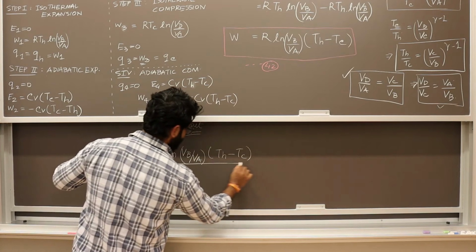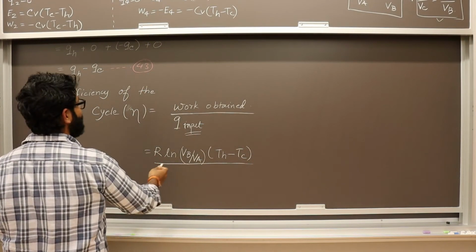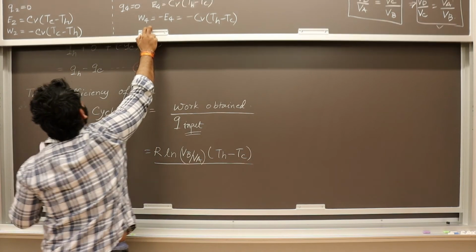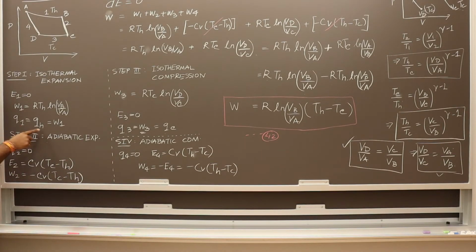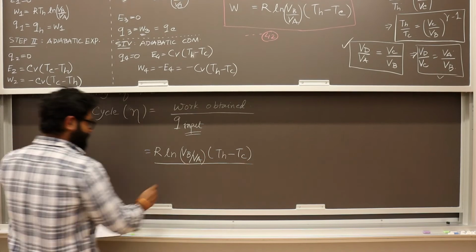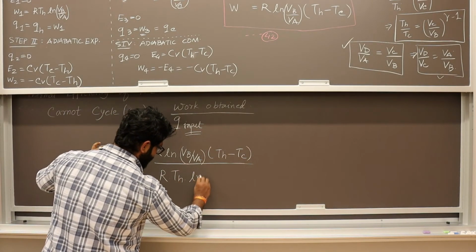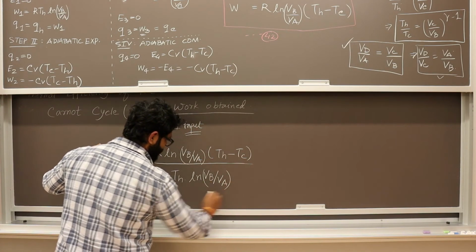Okay, and what was the amount of heat that was given in? The amount of heat that was given in was Q input, right? And what is that Q input? That is the first Q, right? This was the heat that was given. And what is the value of that? R TH ln(VB/VA), right?